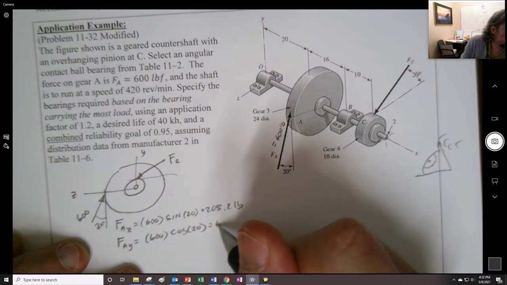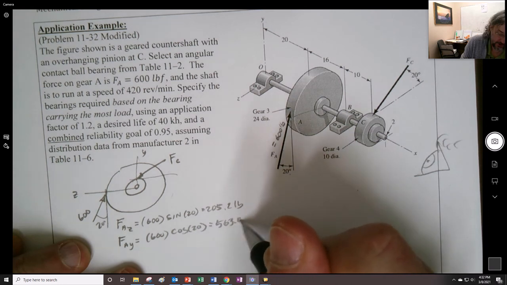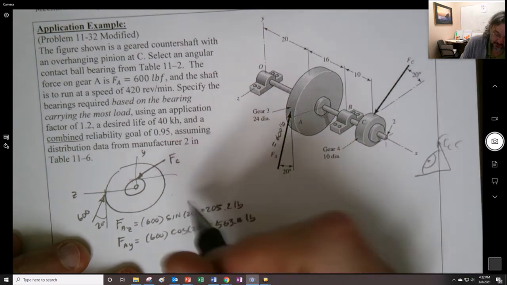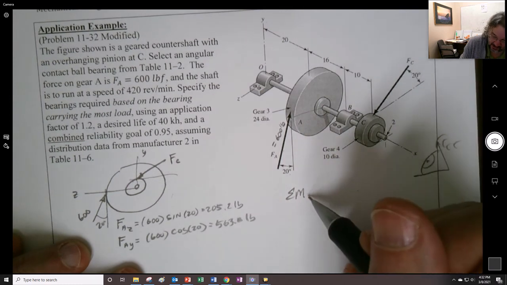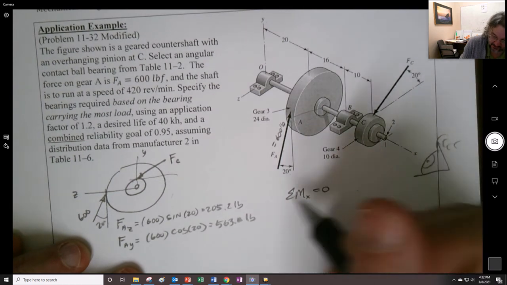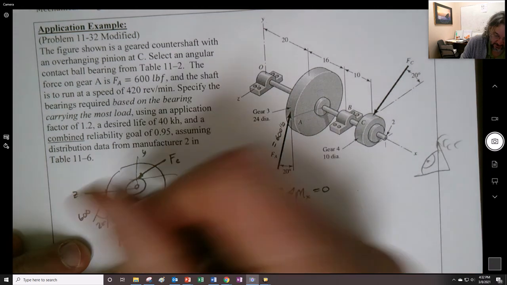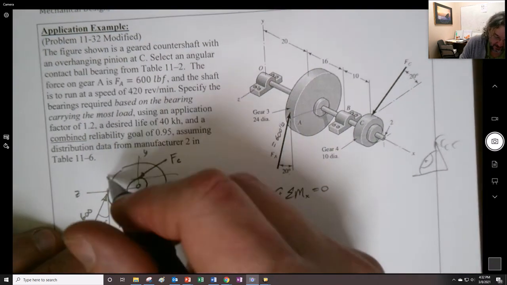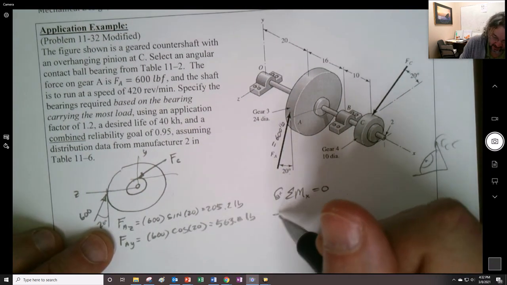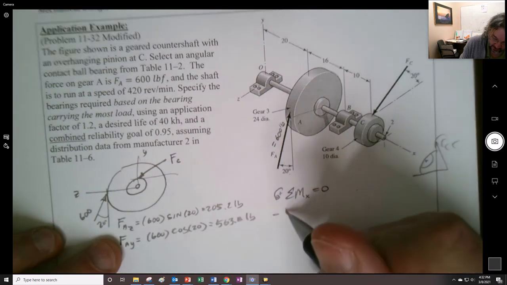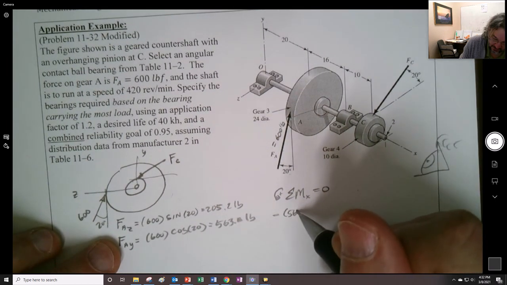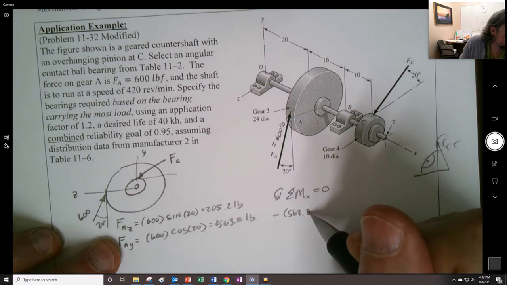So we get 563.8 pounds. So if we do the summation of the moments about the x-axis right here, we're going to see that we're going to go negative this one right here, right? 5, 6, 3, and I can't read my own writing, that's an 8.